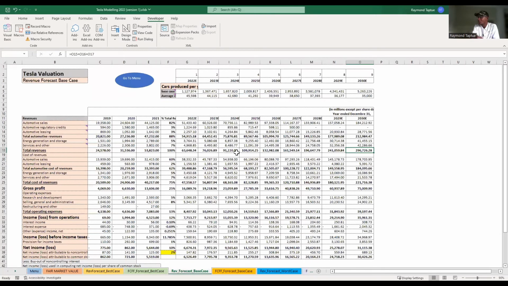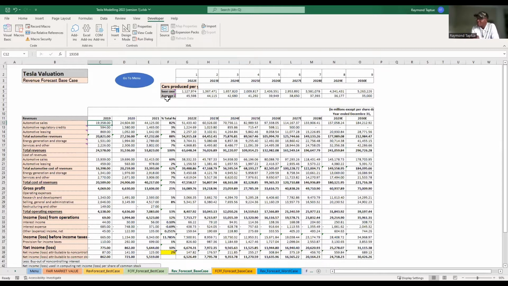And here is the revenue forecast under the base case scenario. Now, the only variable that I will change is the first line of the income statement, which is automotive sales. The assumptions that I used for the remaining lines of the revenue will remain the same.